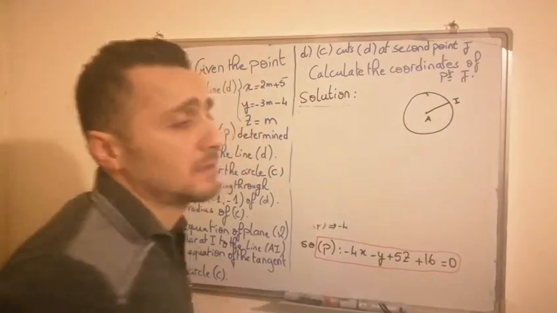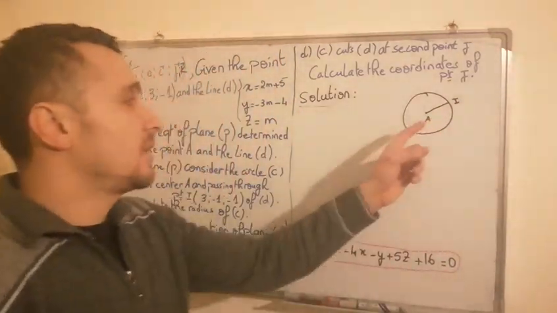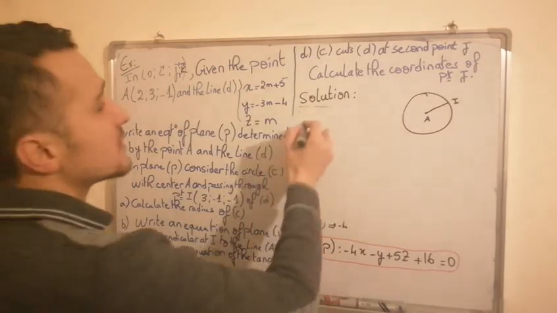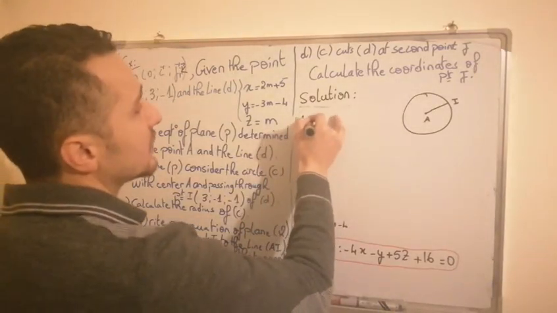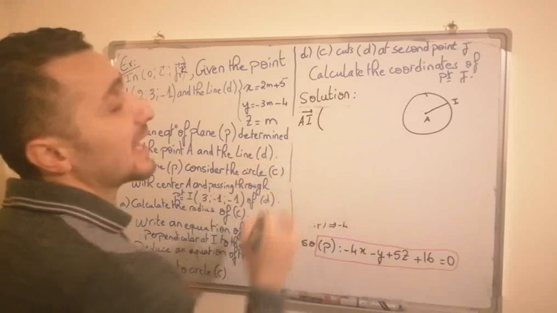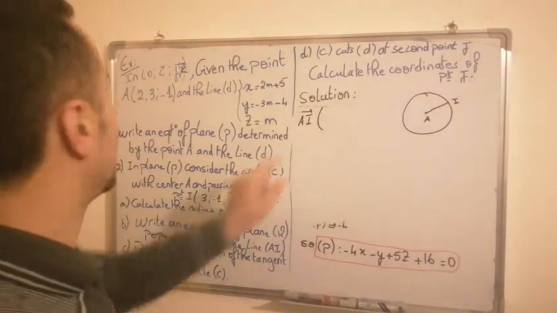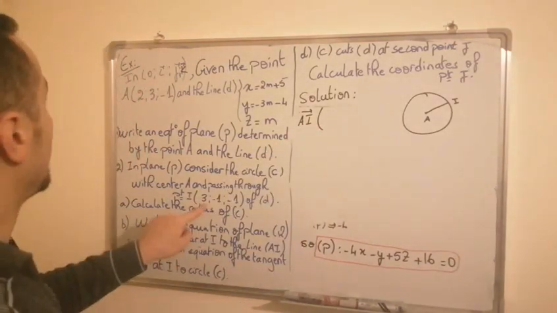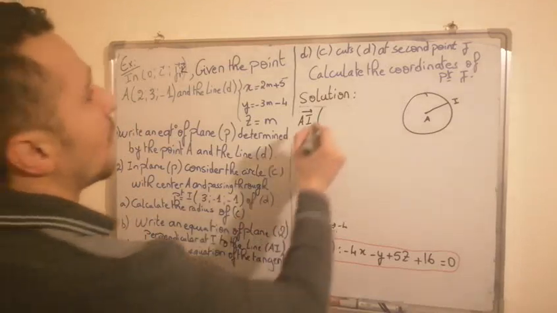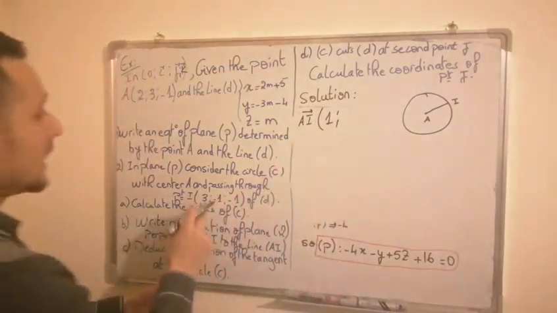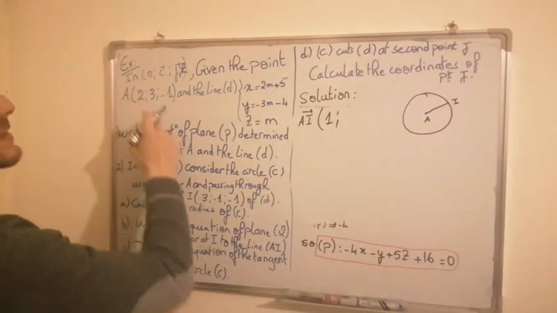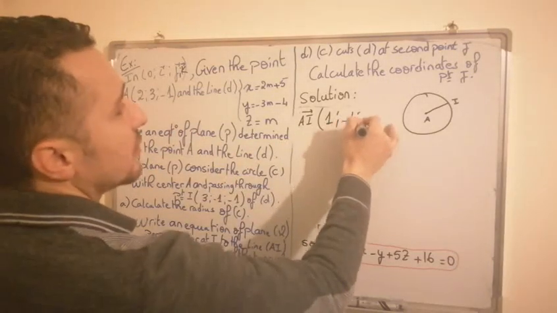To calculate the radius of this circle, first of all we can find the coordinates of vector AI. xI minus xA, it's 3 minus 2, 1. yI, -1 minus yA, it's -4.